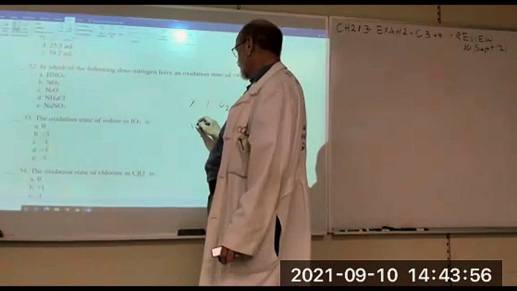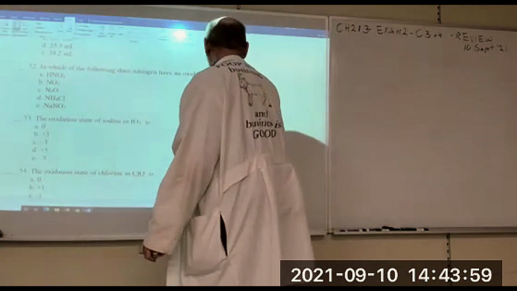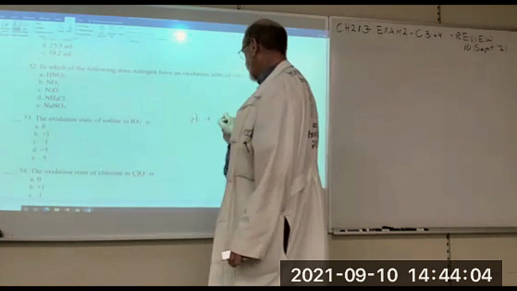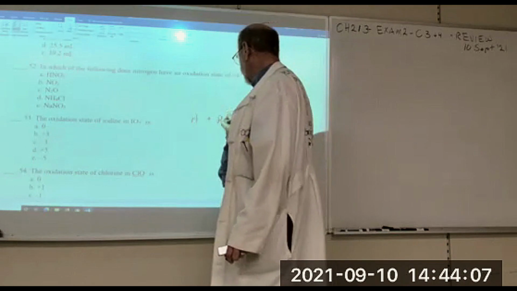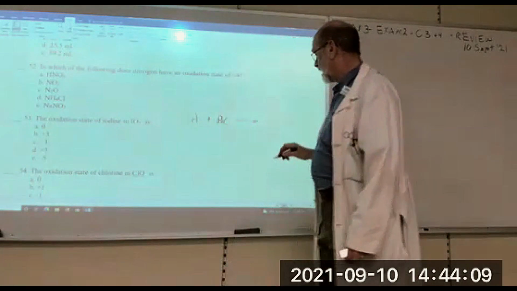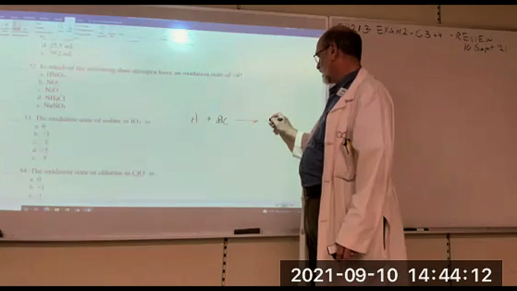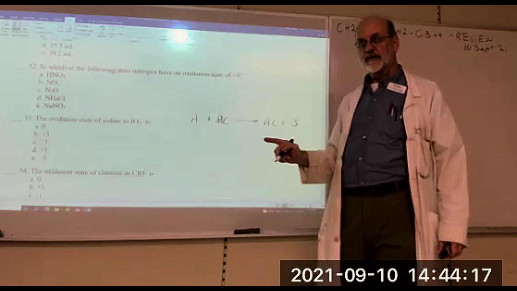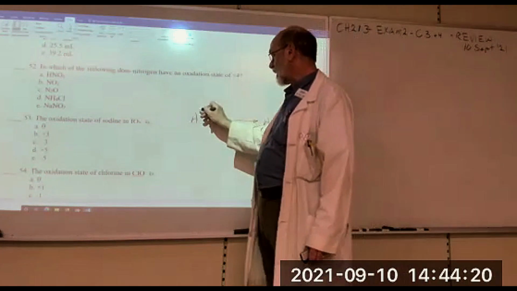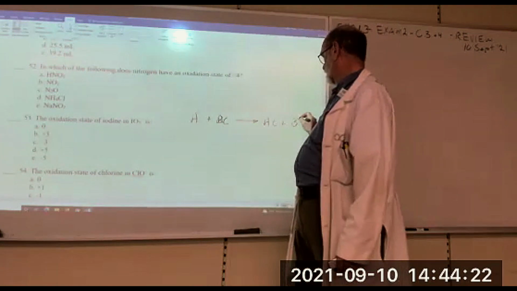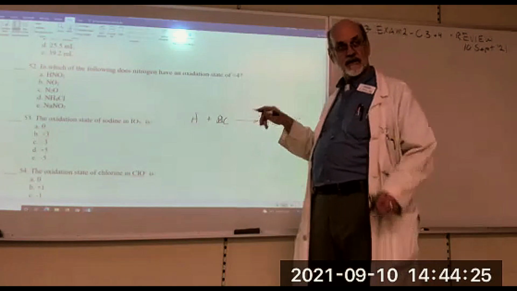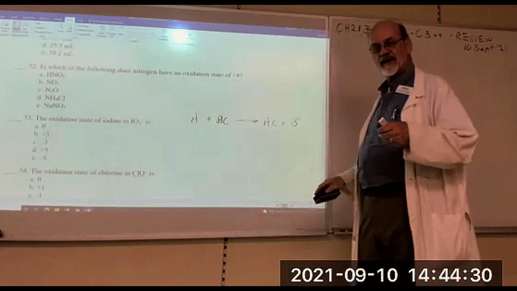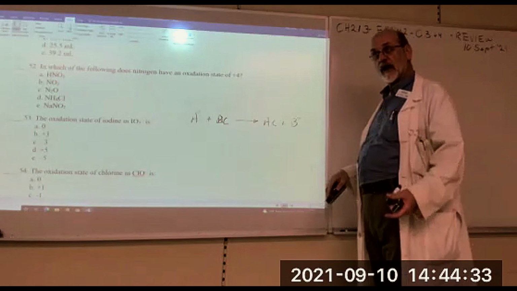If you have an element on this side reacting with a compound, B, C, and this thing ends up in a compound on this side, that's oxidation reduction. Whenever you go from an element, which is always zero oxidation state, it's going to have a different oxidation state. That is oxidation reduction. So that's the quick qualitative way to determine whether you have a redox reaction.